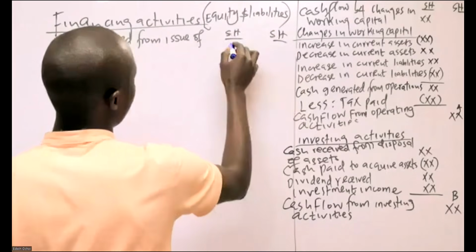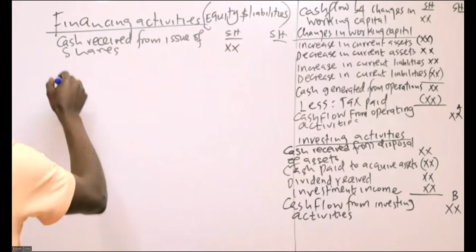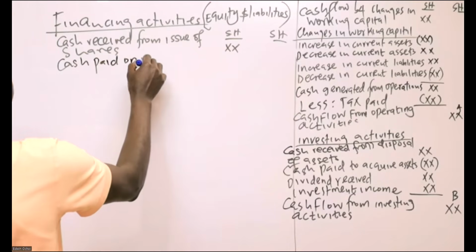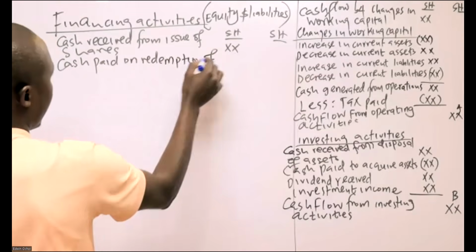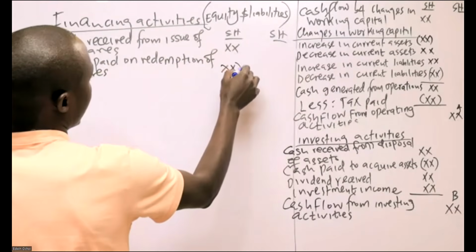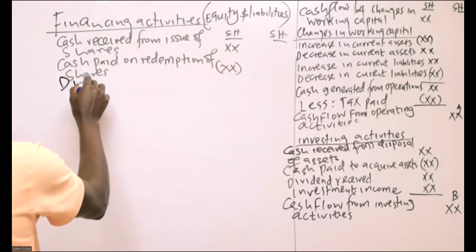So the cash received from issue of shares. You can pay cash, cash paid on redemption of shares. So we can talk about dividends paid.